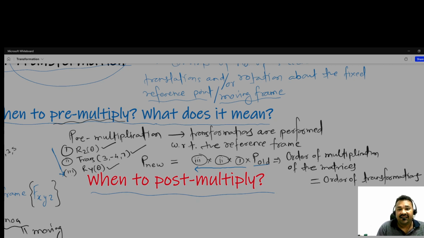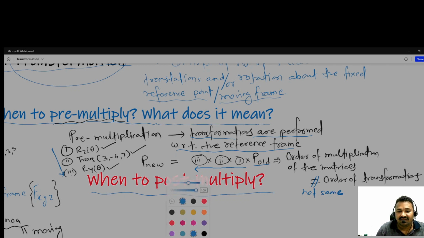So in this way, if the transformations are performed with respect to the reference frame, then this is the order of multiplication. And see, the order of multiplication of the matrices and the order of transformations are not same, or you can say it is in reverse.